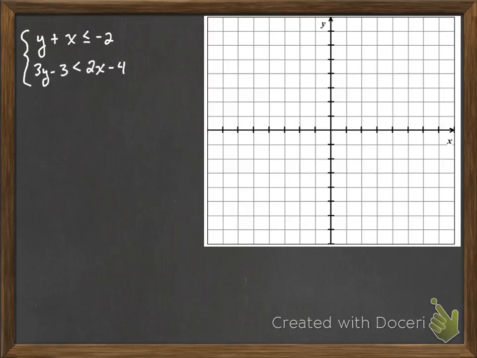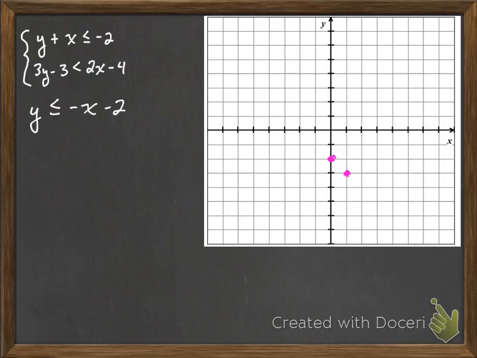All right, next one. First inequality, let's subtract x, gives us -x minus 2, y-intercept of -2, and the slope is down 1 over 1.